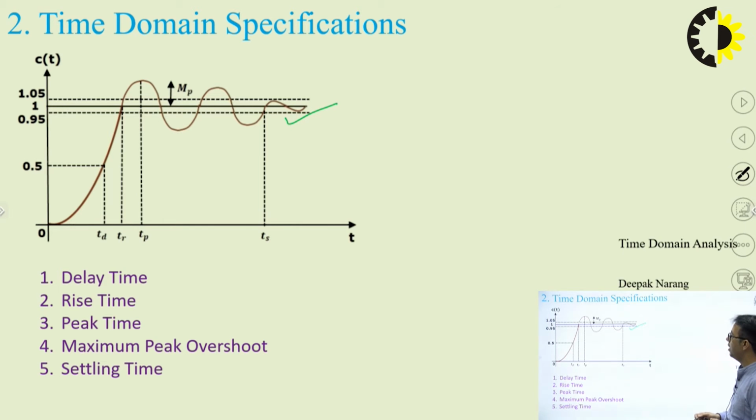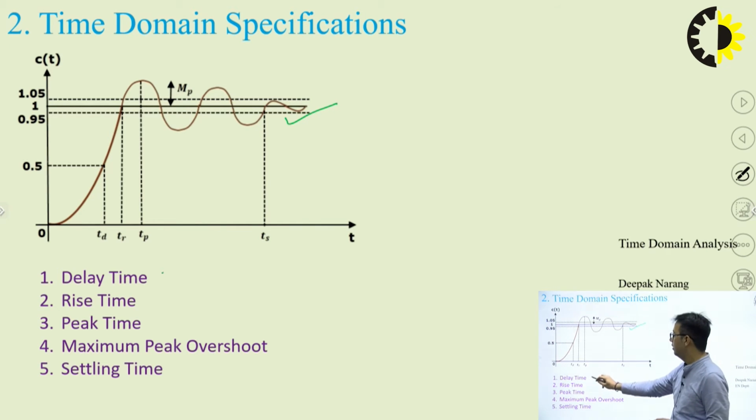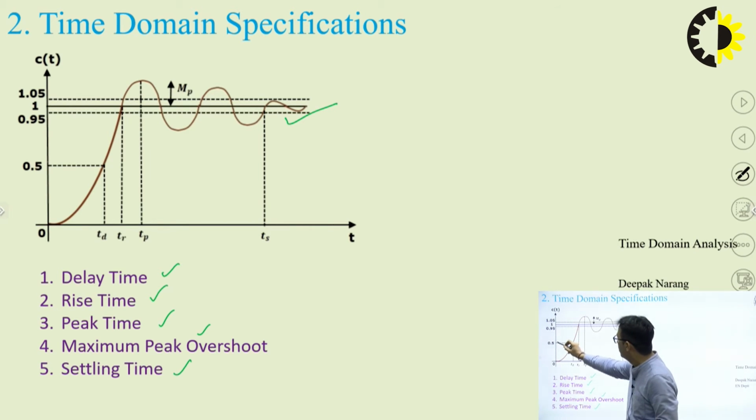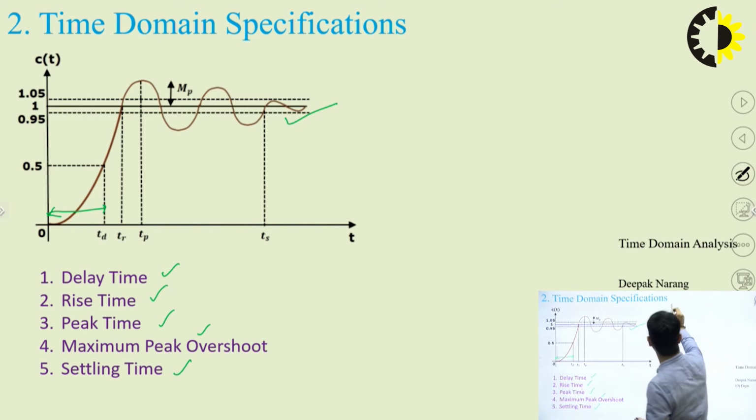Now with this time response, some specifications are involved which are very important to discuss. These specifications are delay time, rise time, peak time, maximum peak overshoot, and settling time. Here, this is delay time. Now what is delay time?